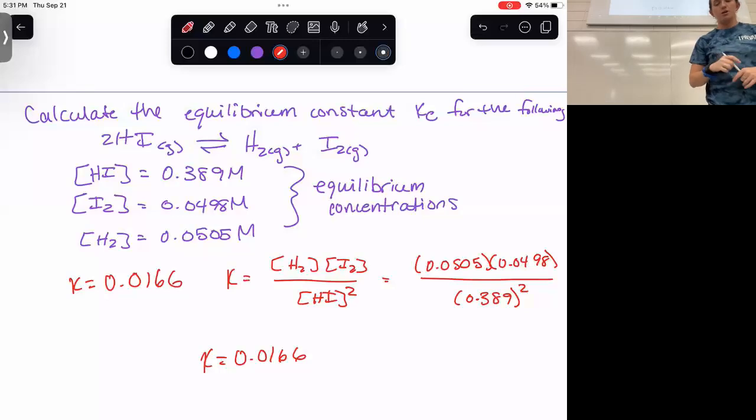I have a question. Is this reactant favored or product favored? Say it again. Product. Okay, why would it be product? Okay, I like your thought. Anyone have a different answer?